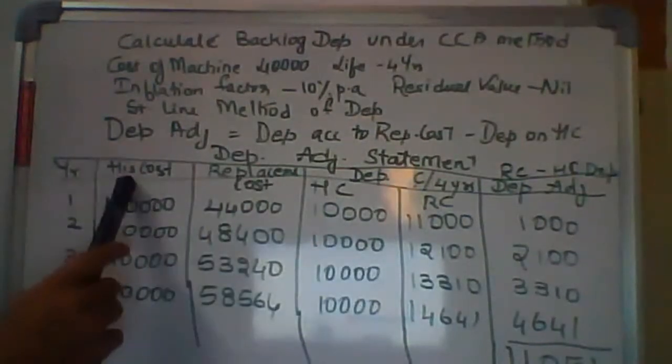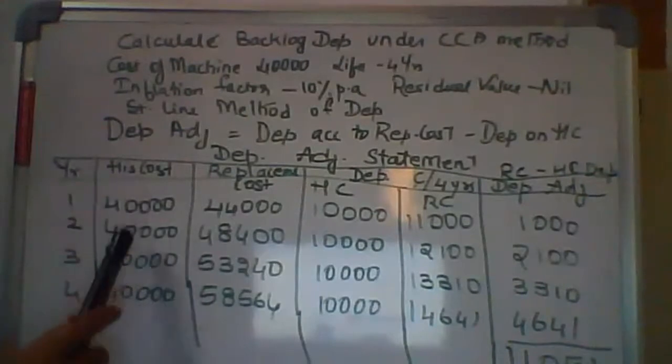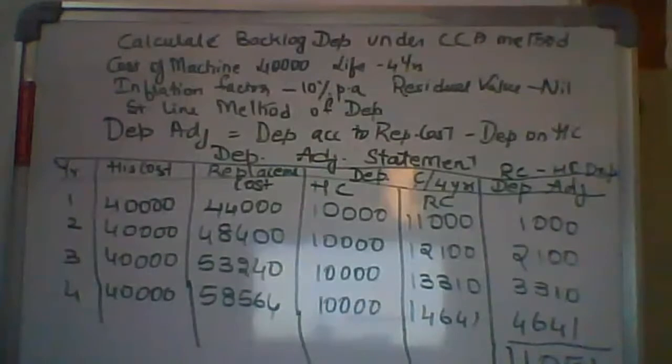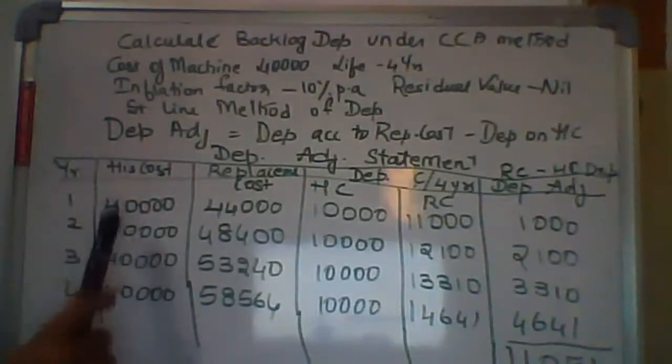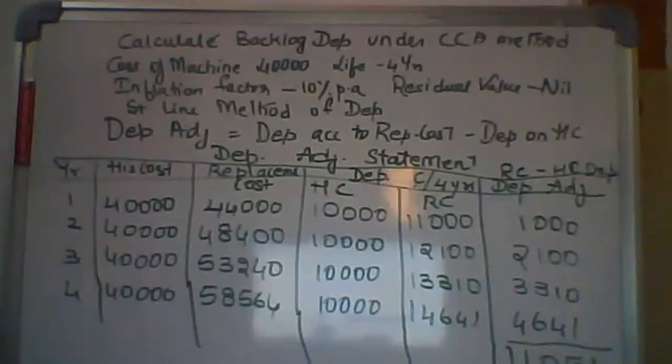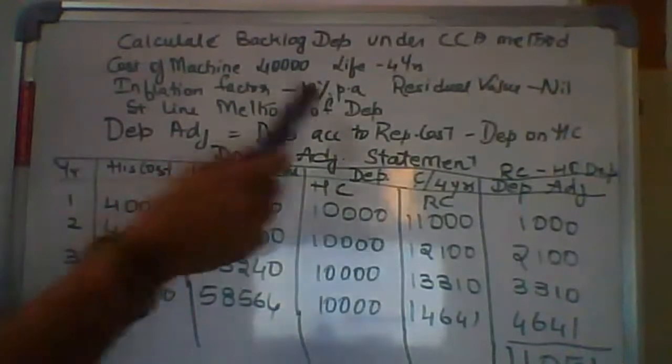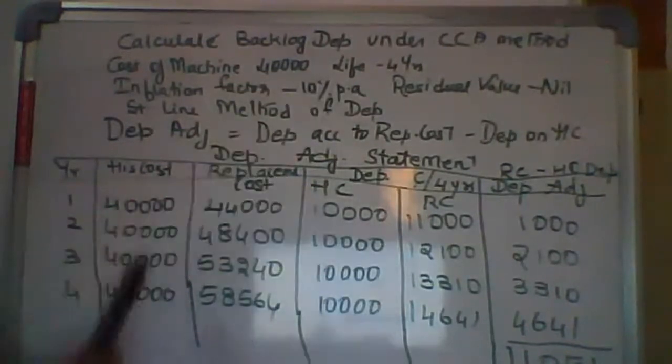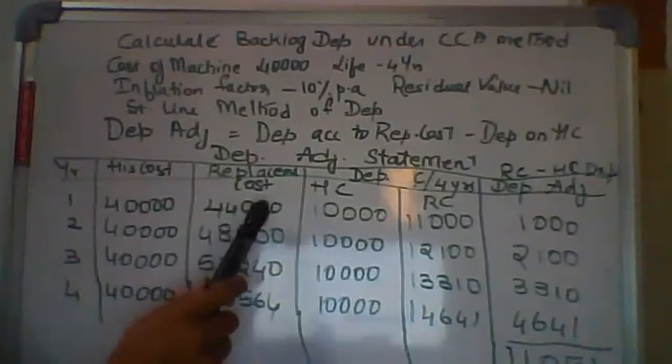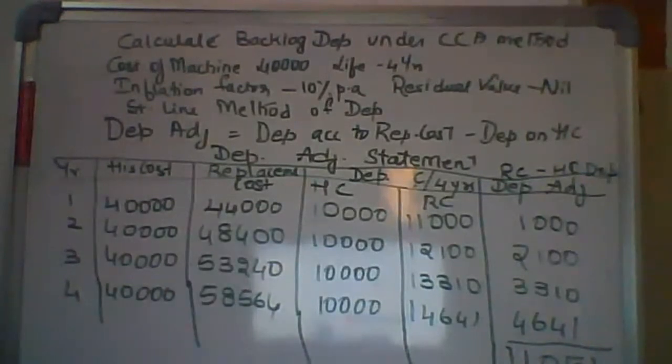So first I'm writing my historical cost: 40,000, 40,000, 40,000, 40,000, in straight line method, not your diminishing balance method. So in straight line method, I am always calculating depreciation on original cost only. Next I am doing replacement cost. First year there is a 10% inflation on 40,000: 44,000. In the second year it again increases by 10%.